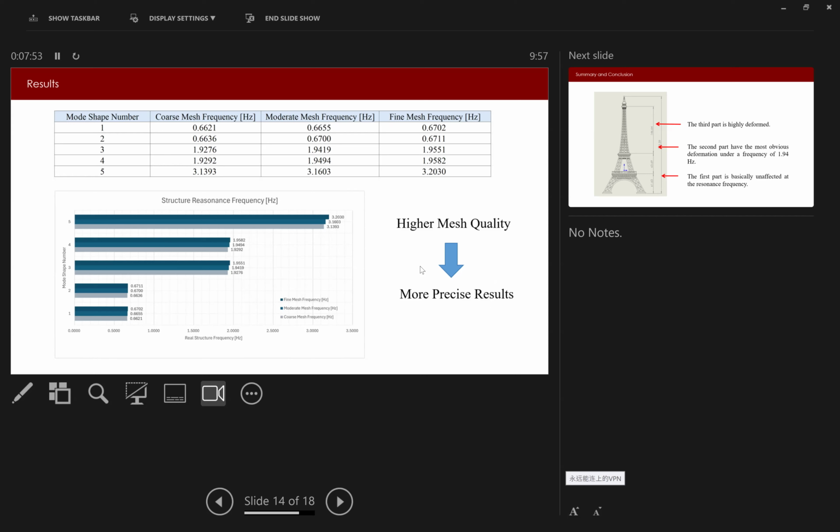And as we learned in our class, a higher mesh quality represents more precise results. From our analysis, we can see that even though we increased the mesh quality a lot, our results still stay pretty much the same, which again tells us that our results are accurate and precise.